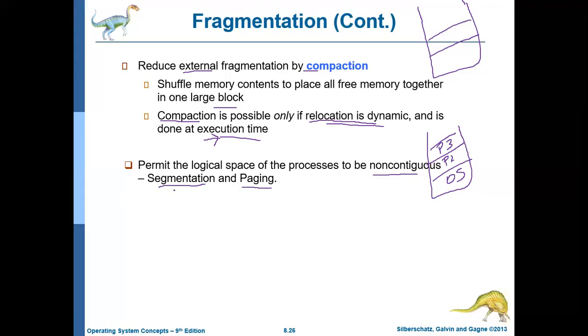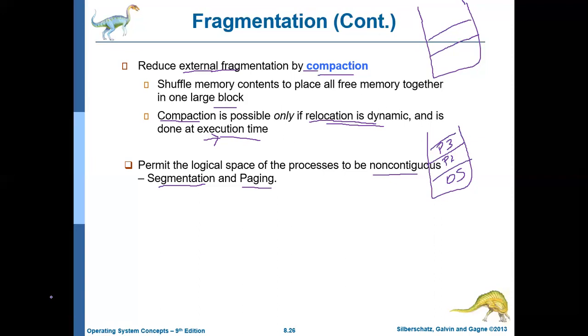These are solutions for external fragmentation. One solution for external fragmentation is compaction. Another solution is allowing the process to be non-contiguous, and that is done by two techniques, which are segmentation and paging. Okay, fine. So that's it about this particular topic.